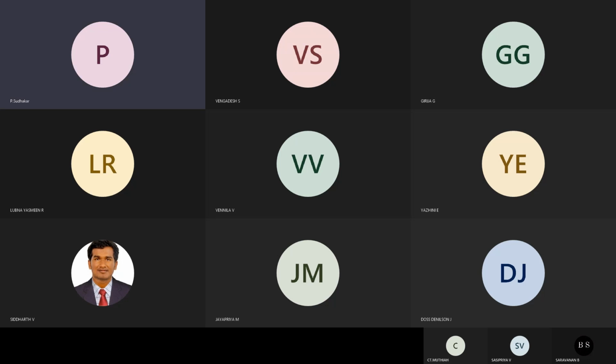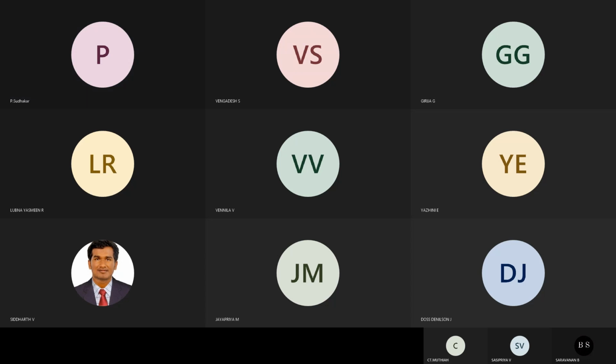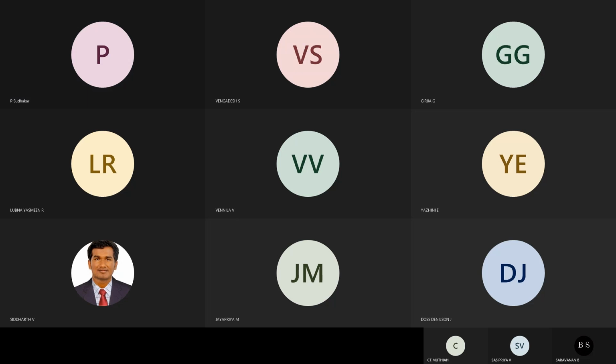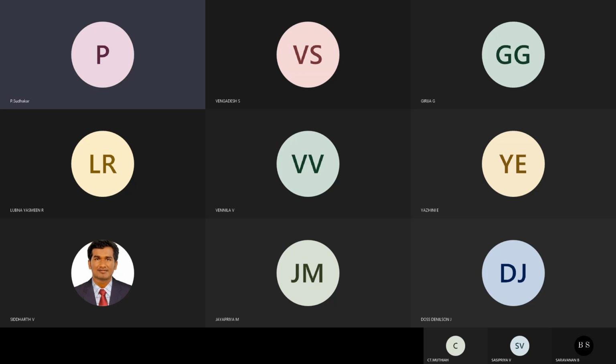In the numerator only, the formula is emissivity of glass into sigma, the Stefan Boltzmann constant, into the temperature difference: glass temperature 45 degrees centigrade plus 273 whole power 4, minus T sky power 4.